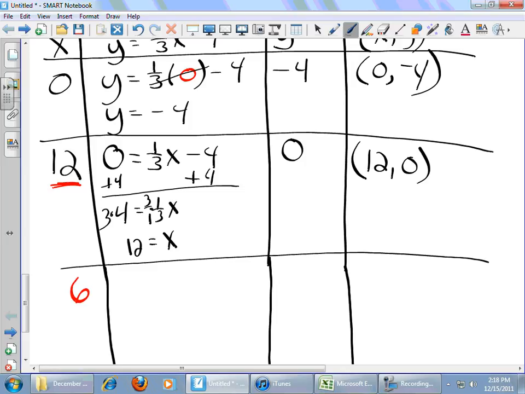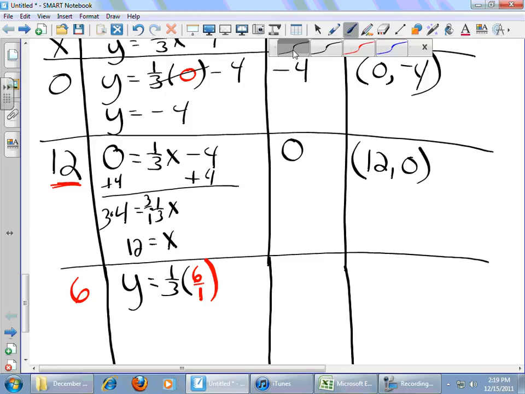So my equation will be y equals 1/3 times 6. And I'm going to write a 6 over 1 because there's a 1/3 there. And then I have to subtract 4 from whatever I get.